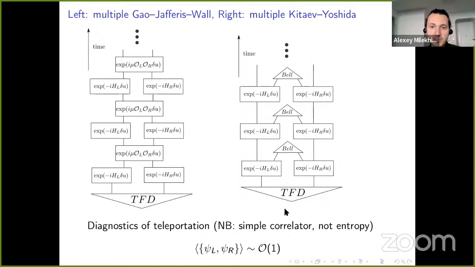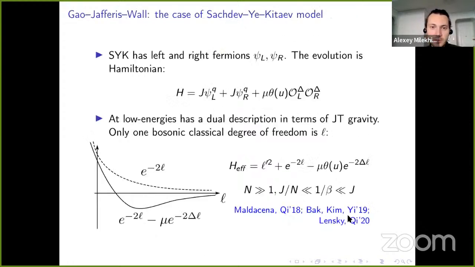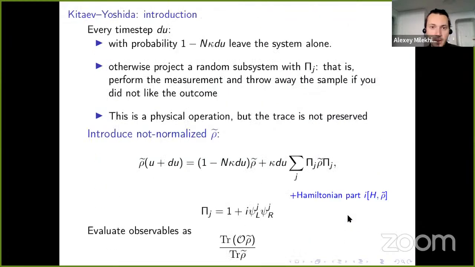I'm now discussing this picture. So with certain probability, I don't do anything. Otherwise, I pick a random subsystem, a J from each side, and I measure it in a certain basis. And if I don't like the measurement outcome, then I throw away that prepared sample, and I start from the beginning.